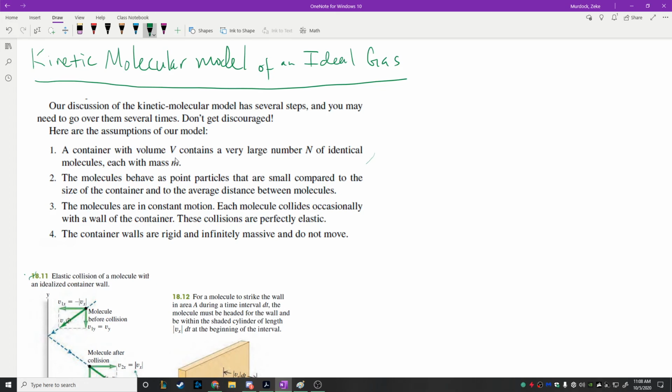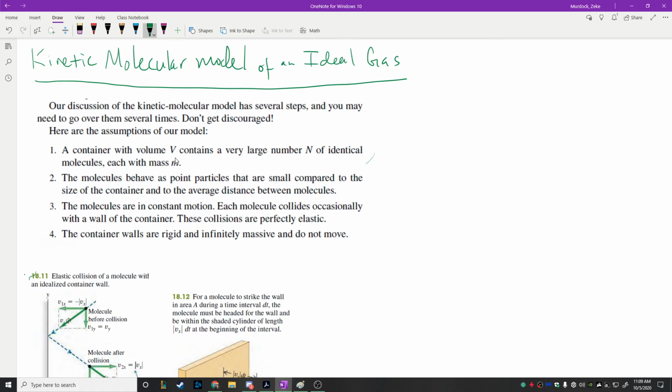The molecules, we're going to treat as point particles that are small compared to the size of the container and the average distance between the molecules. So the molecules are far apart from each other. They behave as point particles, which means they don't really interact with each other, and the size of the molecules, since they're points, is very small.